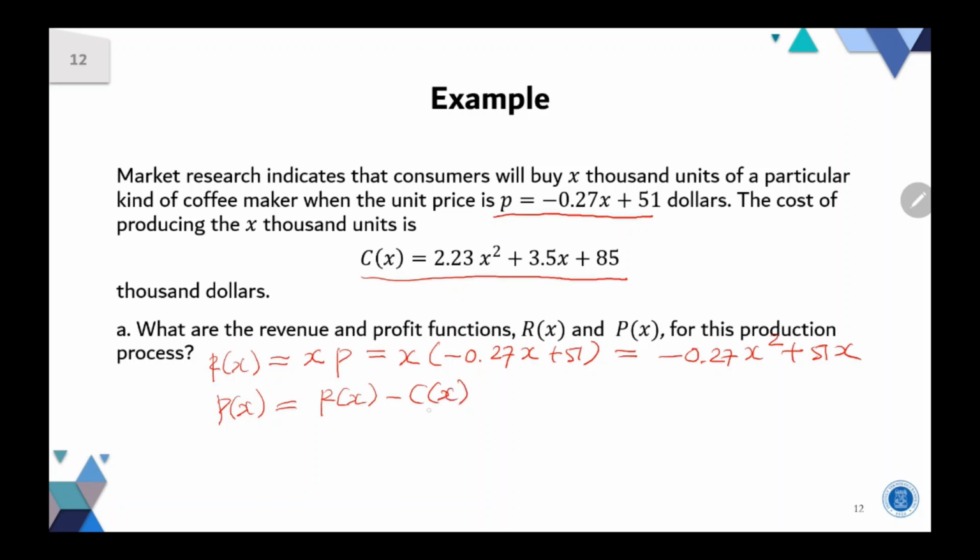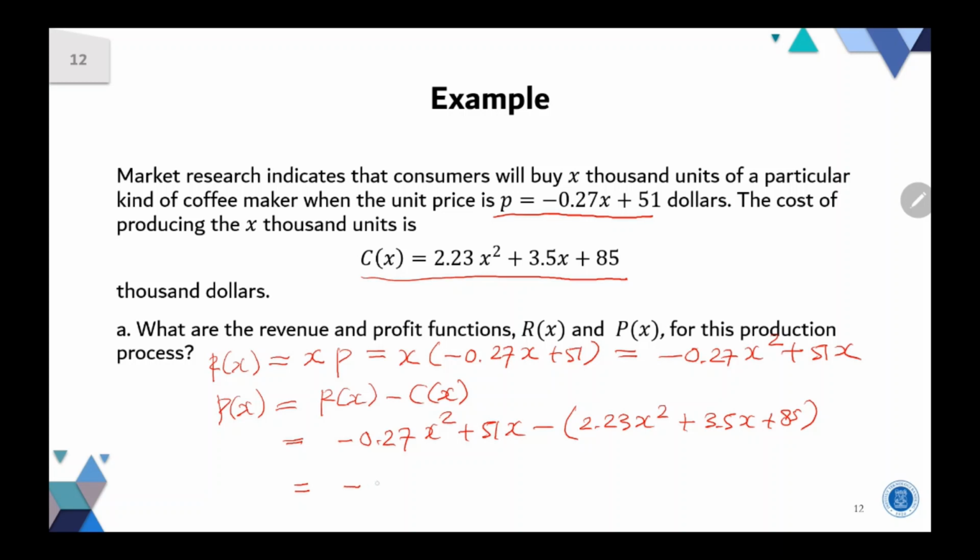Okay, so we have here minus 0.4 minus the cost. Yeah. So this is going to be what? Minus minus.